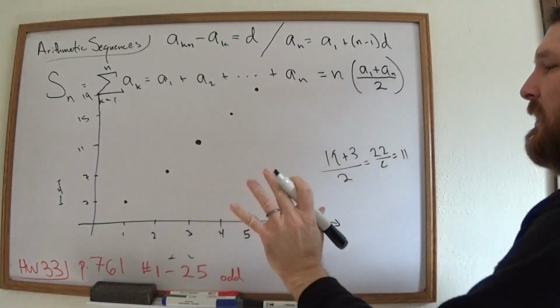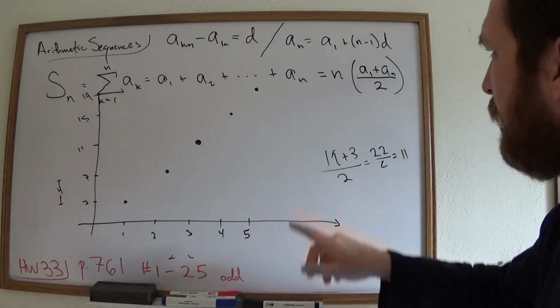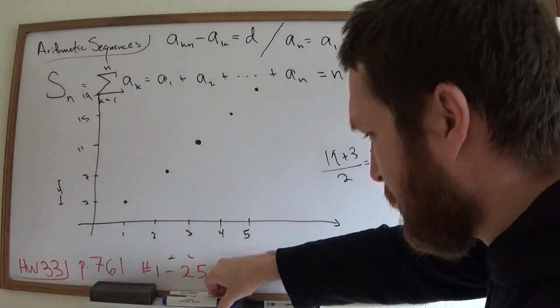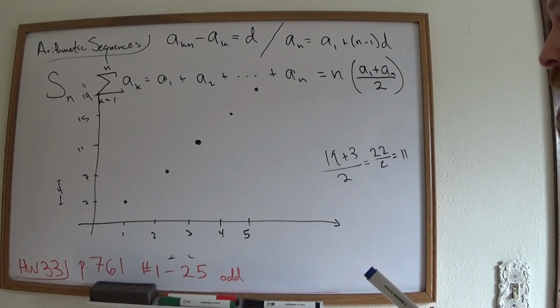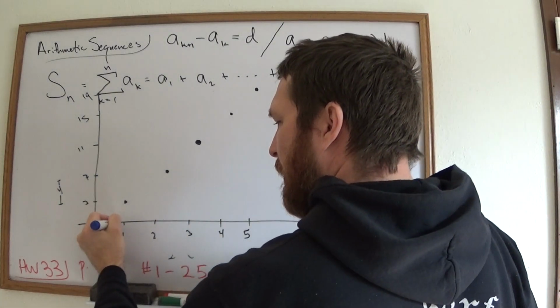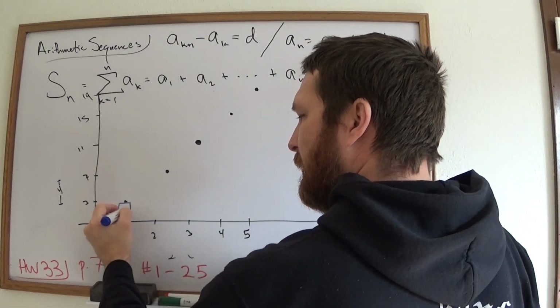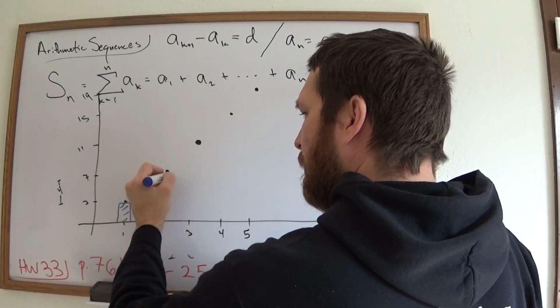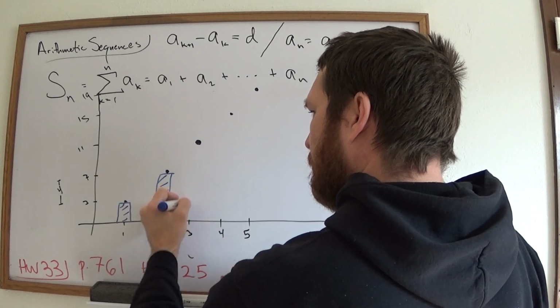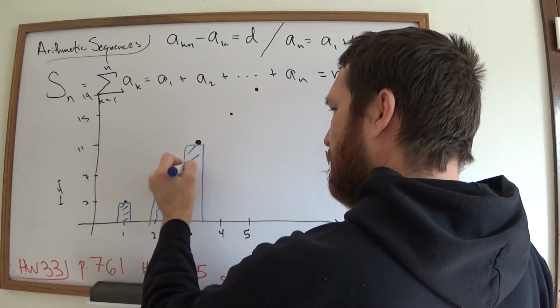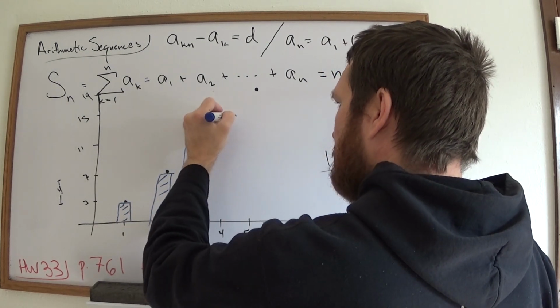But anyway, the idea here is we're trying to compute, you could think about it like this. We want to add up this much stuff, plus this much stuff, plus this much stuff, plus this much stuff.